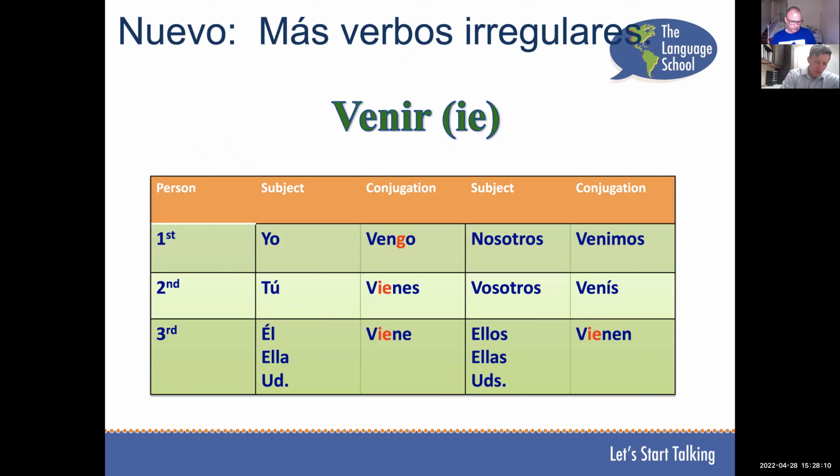Moving along, Mateo. Now we have verbs that are irregular in the first person and then can also stem change after that to the IE, like venir. Venir means to come. Very common verb, very important to learn this one. But it's super irregular, right? So in the first person, it's yo vengo.